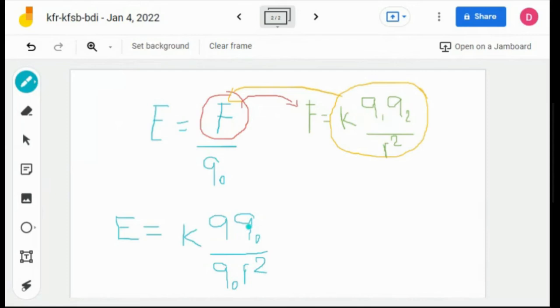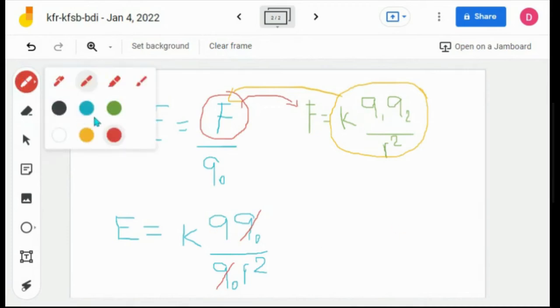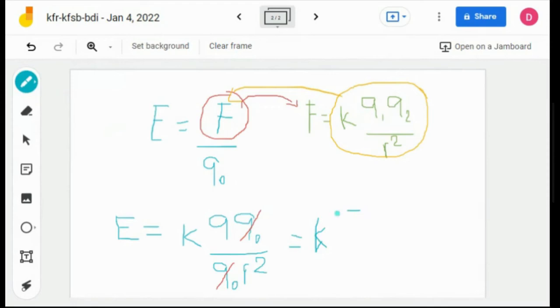Of course, this test charge and the unknown charge are separated by a certain distance R. So what we can do now is simplify the equation by dividing both sides by Q naught, because Q naught divided by Q naught is equal to 1. So that would leave us K Q all over the square of R.